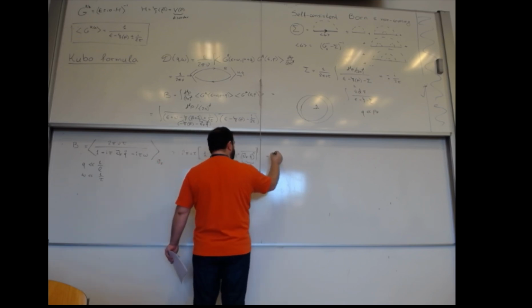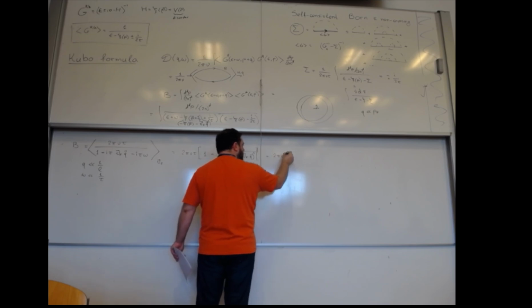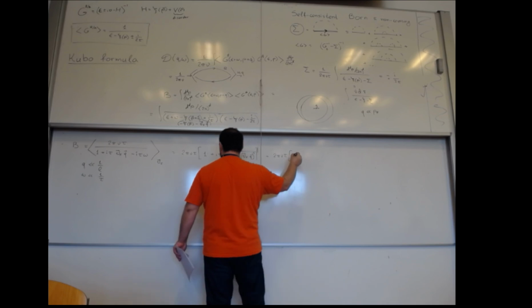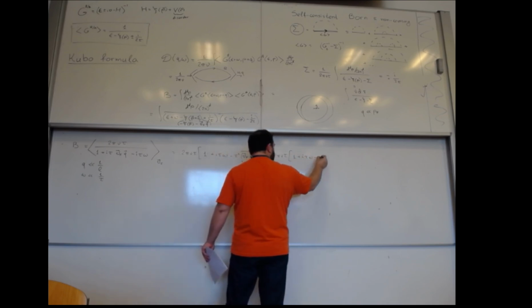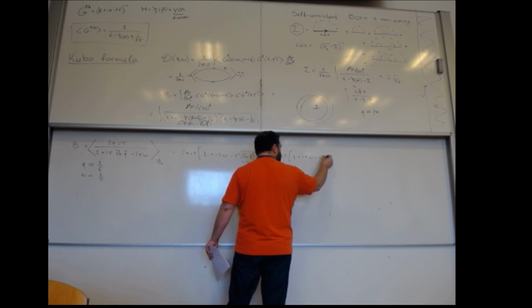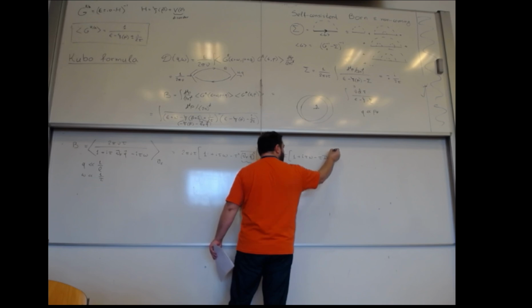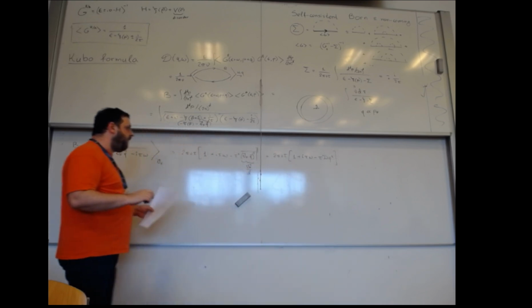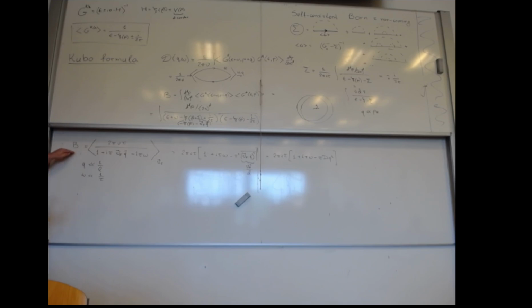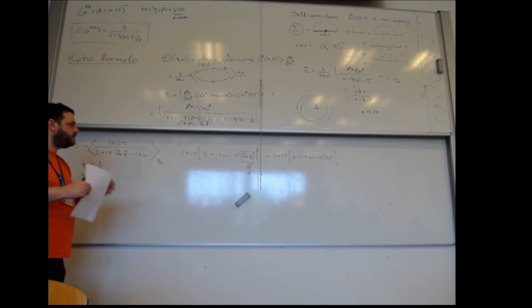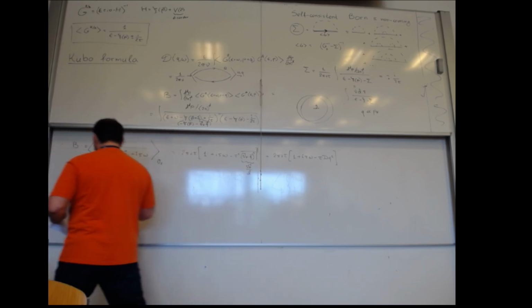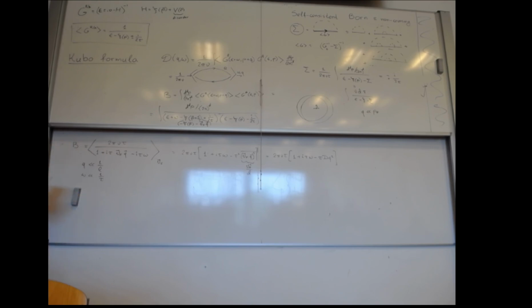And so once again, this is 2 pi mu tau times 1 plus i tau omega minus tau D q squared. And it doesn't look like the diffusion propagator.